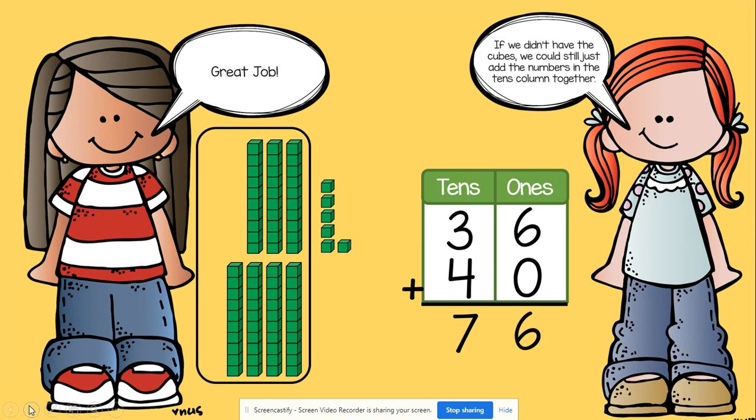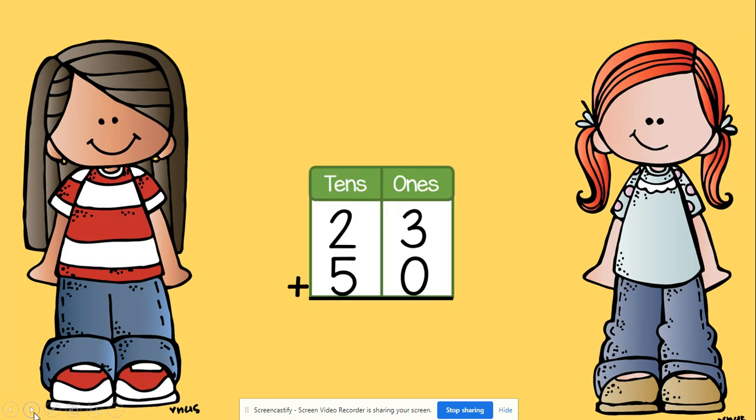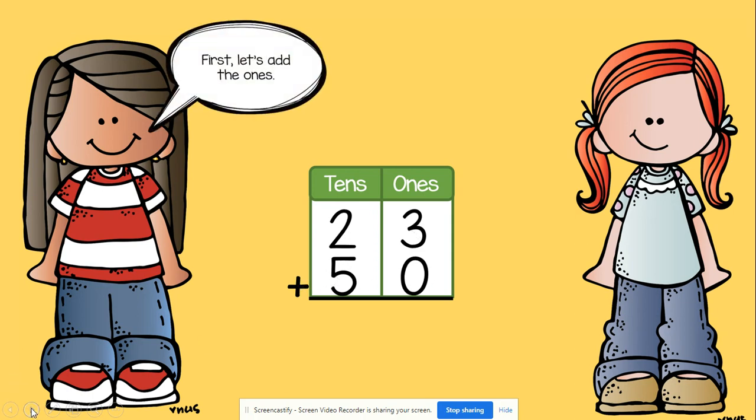Great job. If we didn't have the cubes, we could still just add the numbers from the columns together. Let's try it without the cubes this time. So write this one on your board. 23 plus 50. Now we're going to look at the ones first.